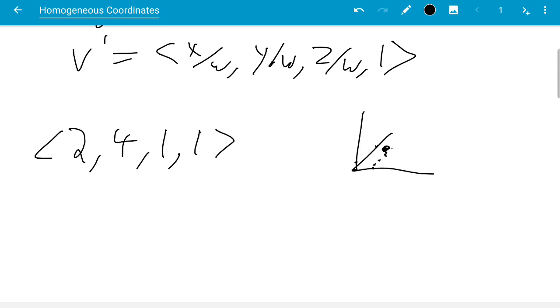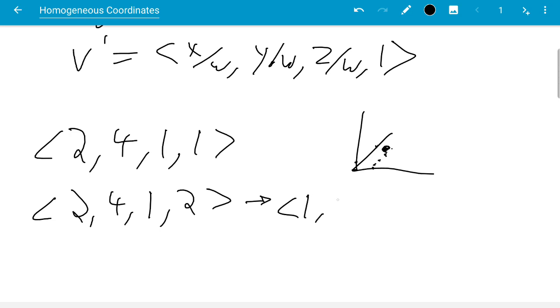Now let's adjust the w coordinate and see what this does. So let's say we had a point 2, 4, 1, 2. After normalizing this, we're going to end up with a point, we have to divide everything by 2. So 1, 2, 0.5, 1. Right? So everything got divided by 2. That means everything got closer to the origin.